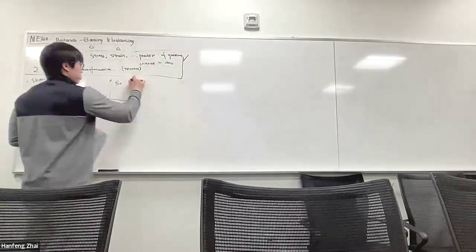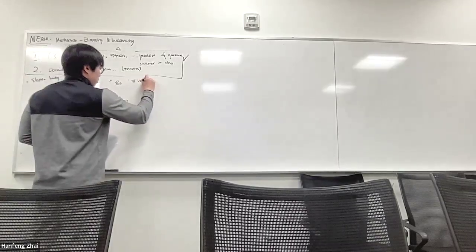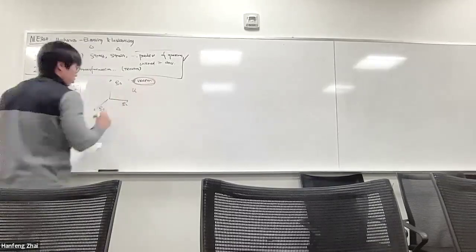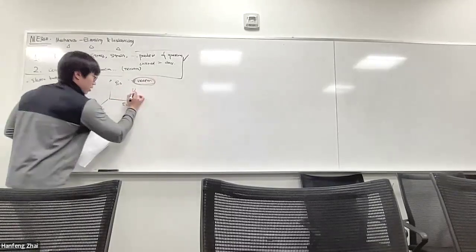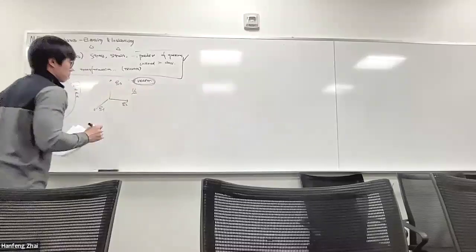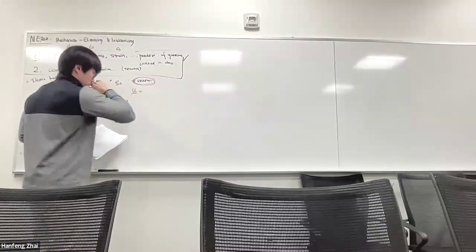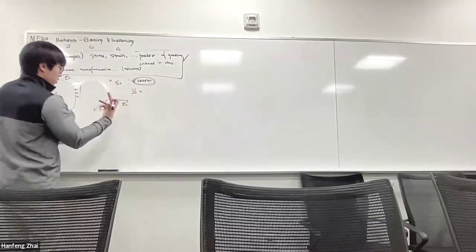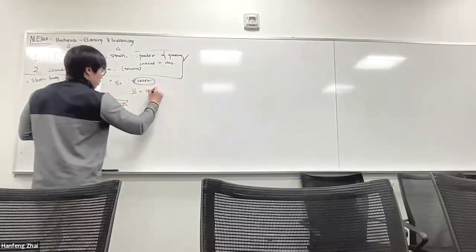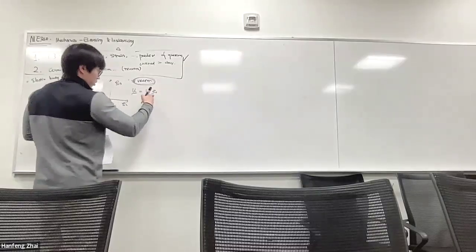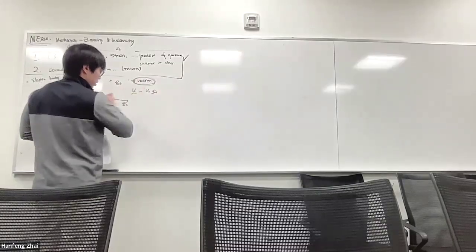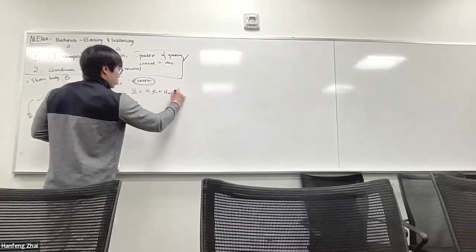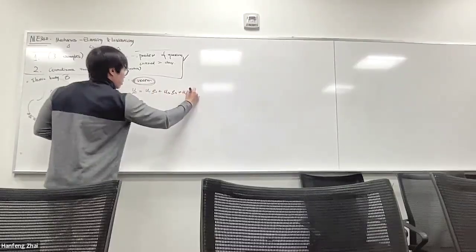To represent the displacement vector, we can write it in the form of U, underlined, or it can be a tilde. Vector U equals, you use the three orthogonal axes to represent U as U1 E1, where E1 is the basis vector for the X direction, plus U2 E2, plus U3 E3.